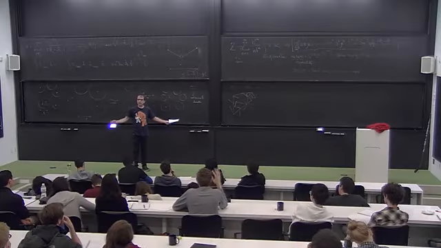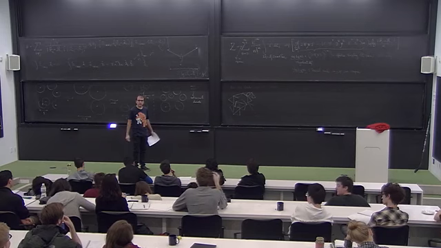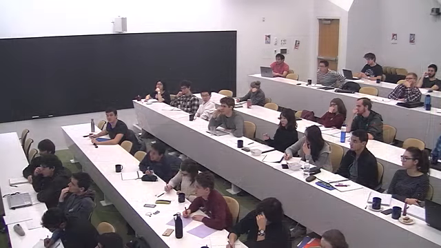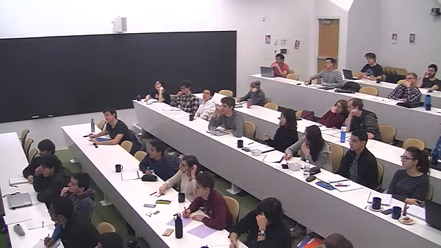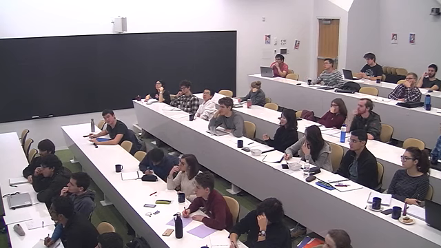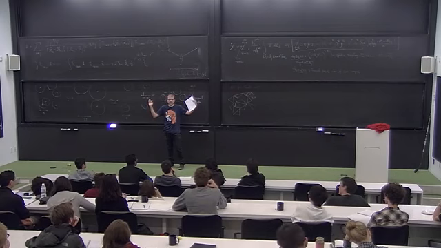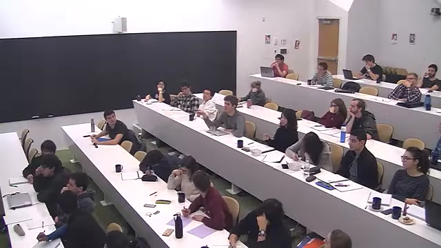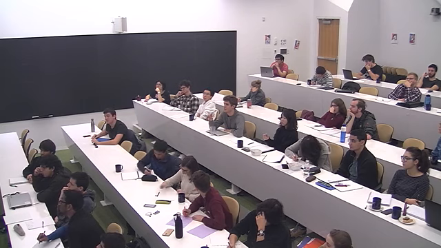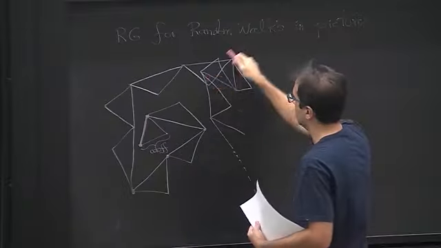Can you backtrack? The question was, can you go back? No, that's the idea of RG. RG is you integrate out things, so you don't see anymore. You zoom out. Can the random walker backtrack? Yeah, here, for example, it went a few times.